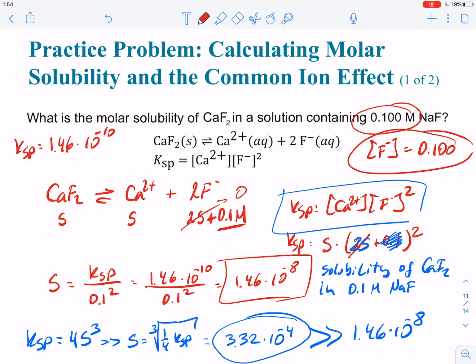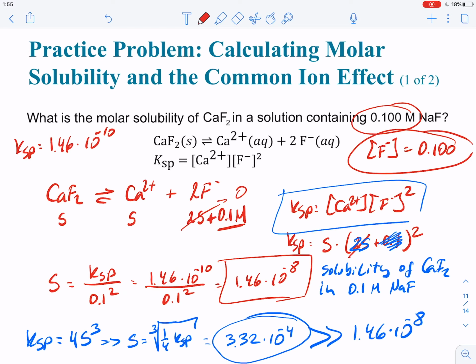One thing that I want you to remember here is that, in this particular case, and I'm sorry that I'm going backwards here, this is common ion effect. You have to add something that shares one of the ions in that equilibrium for you to see an effect on solubility.